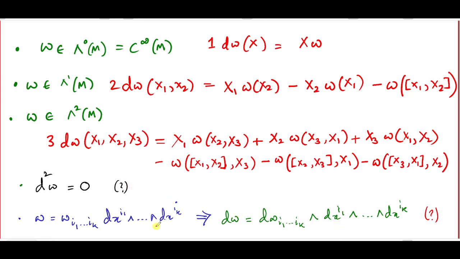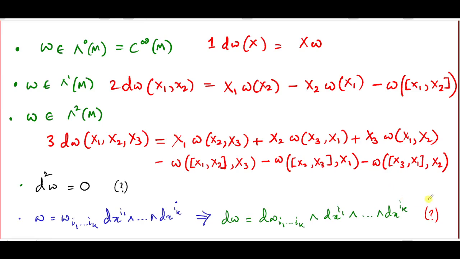So this part stays unchanged. You just do a d on this and wedge it, remembering of course to keep the order intact because one forms have wedge products which do not commute, or rather they anti-commute. So in order to keep the signs correct, all the orders have to be maintained clearly.